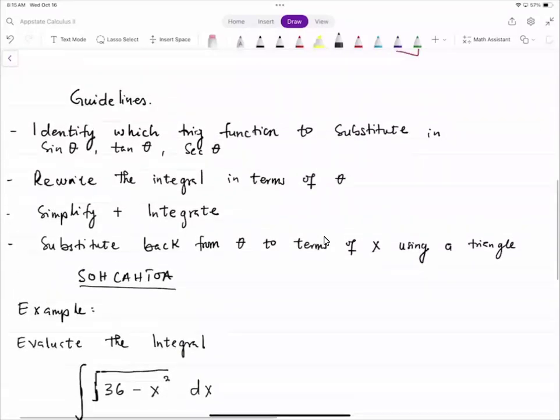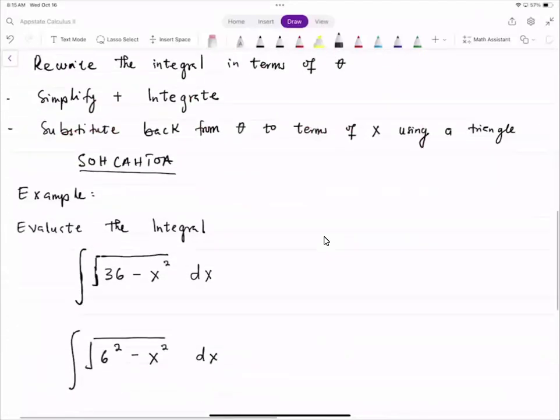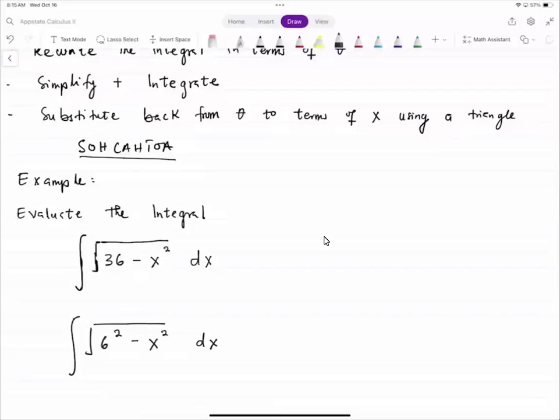So you can see from here that it looks like the first one, because here the constant comes first, then the operation is negative, and then u.